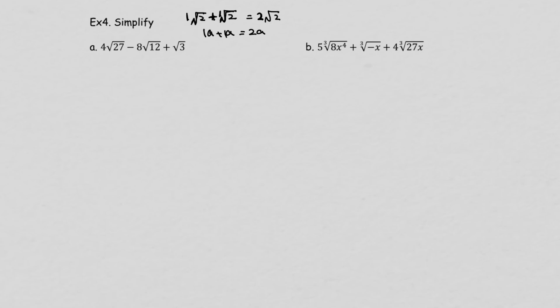So if you're looking at this first example, it looks like you cannot add or subtract because you do not have the same radical as it is. But once we simplify them, we might have the same radical, right? So we will start by simplifying. Let's see, this is going to be 3 times 9, that's 3 times 3.